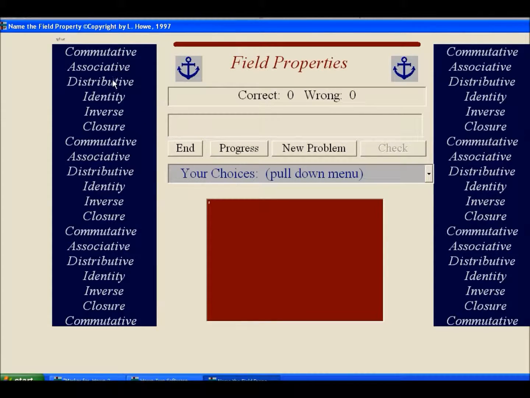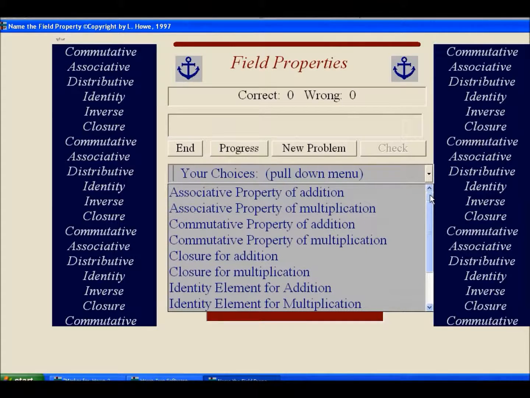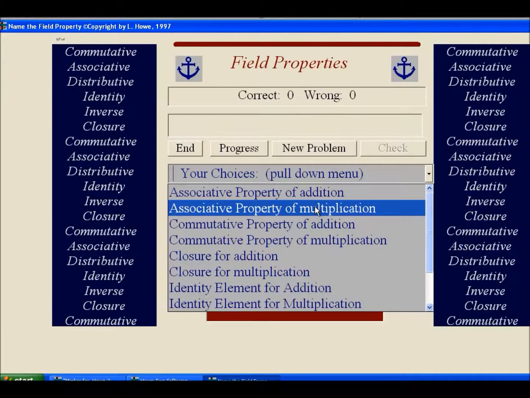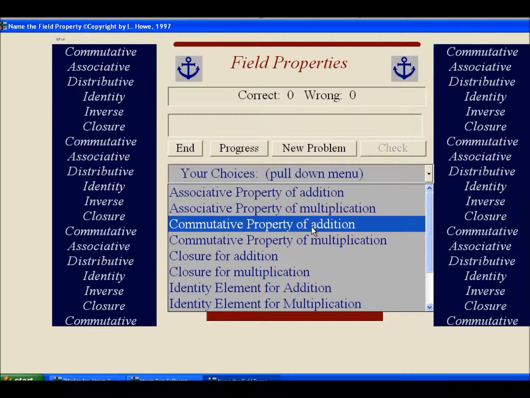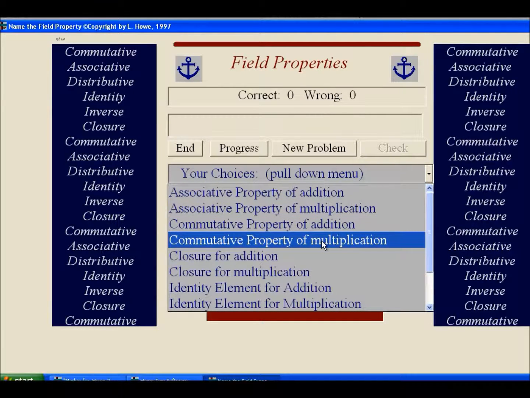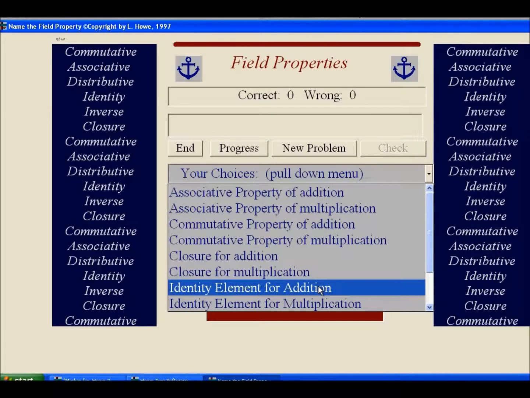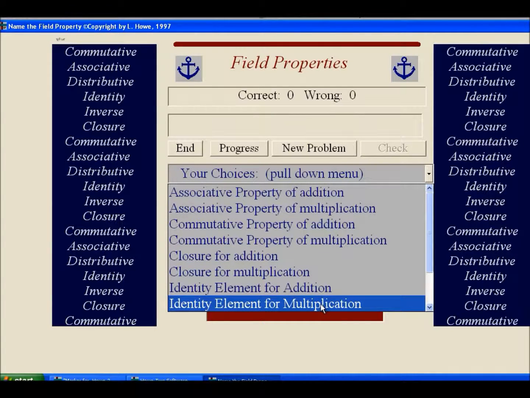There's commutative, associative, distributive, identity, inverse, closure. So we have this other property called closure, and there's more distinction made for the different properties. Now we could look over here and see what they are. There's the associative property of addition, associative property of multiplication, commutative property of addition, commutative property of multiplication, closure for addition, closure for multiplication, identity element for addition, identity element for multiplication.